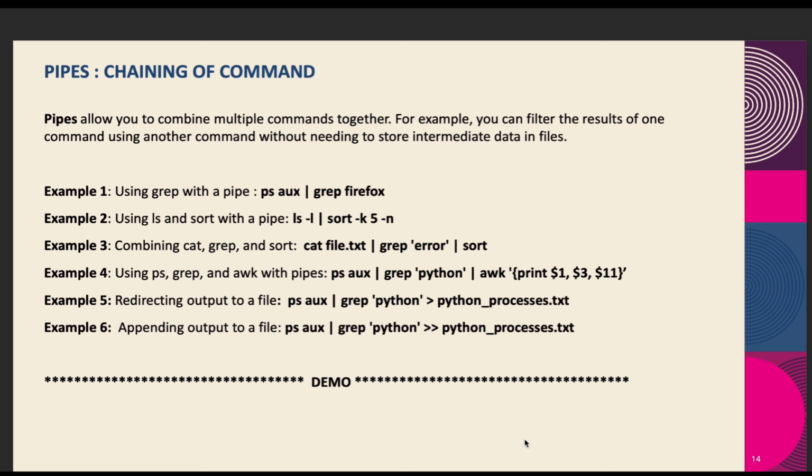And filter is useful when you have a lot of data and you need to format it or filter it based on a certain condition to see what data is there with that particular condition. So in the next demo we'll try to use a few of the pipes and filter commands to see how they work. So let's move on to the demo.